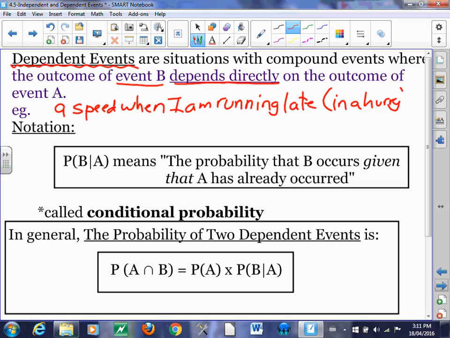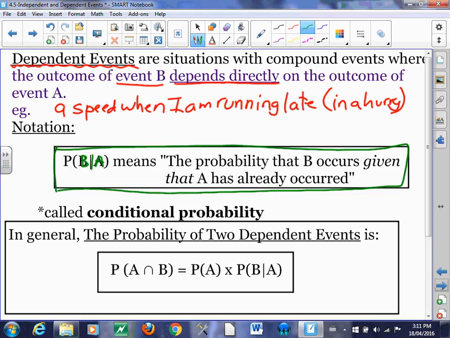So, it's only when I'm in a hurry that I speed, otherwise I'm just chugging along normal. So, here is our notation. Probability of B given A means the probability of B occurs given that A has already occurred.